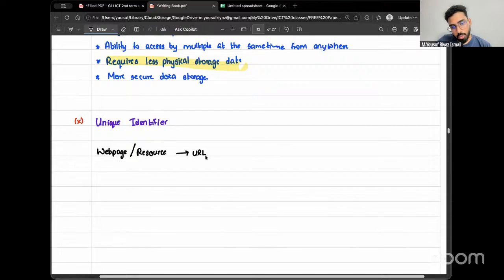Perfect. We use something called a URL, uniform resource locator.